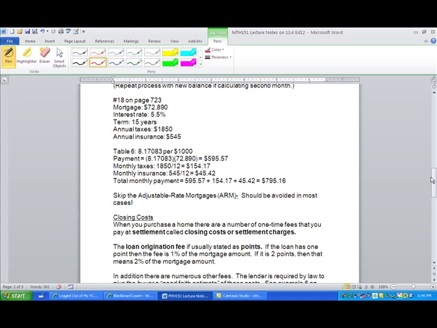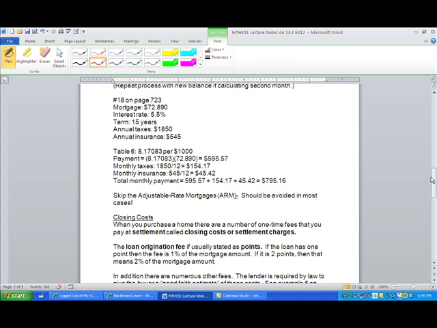They want to make sure the property is insured. They also want to make sure you're paying the taxes so the home is not taken away from you because of non-payment of taxes, or it burns down and there's no insurance to replace it.